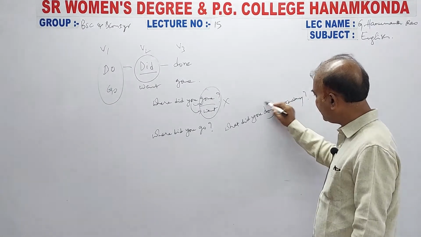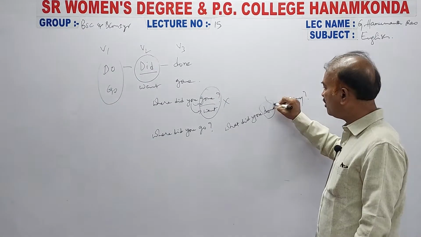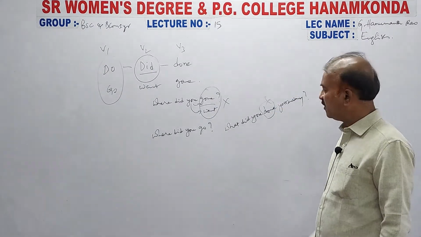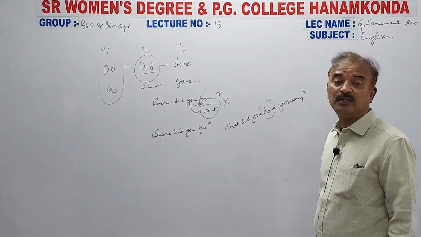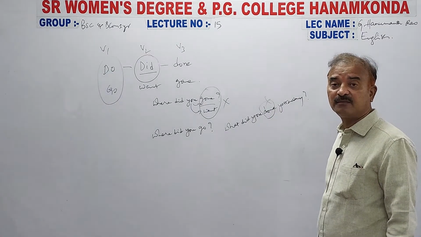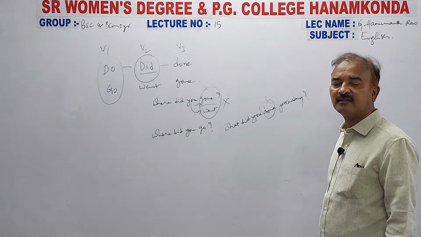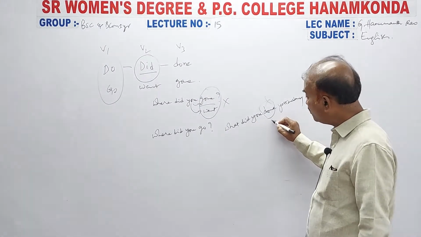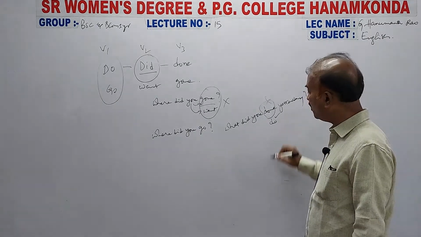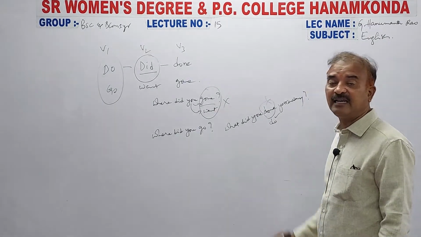But here the mistaken thing is done. This should not be used, this is wrong. What happens is, did is past tense, done is also the past participle form. Wrong thing. What did you do is the right thing. What did you do yesterday?